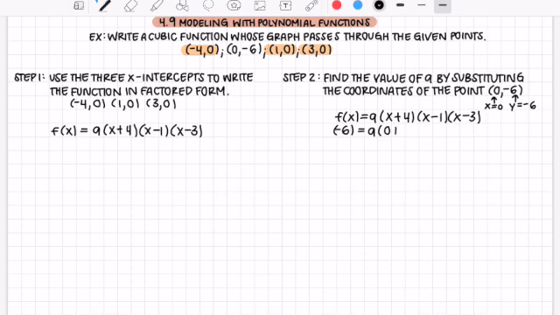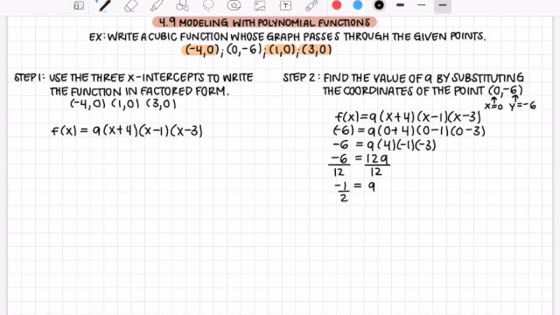So we get 0 plus 4, 0 minus 1, and 0 minus 3. And then I'm just solving for a. So I get -6 equals a times 4 times -1 times -3. This becomes -6 equaling 12 times a. And then the last part is just to divide by 12 on both sides. When I do that, I'm left with a equaling -1/2.